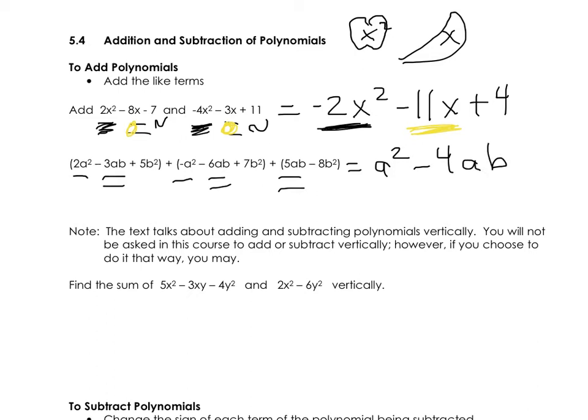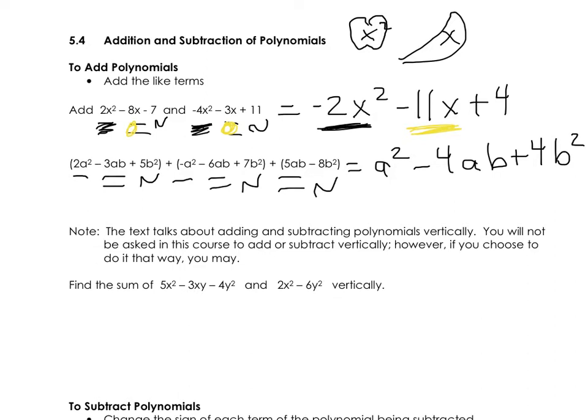What about the b squared? 5b squared, 7b squared minus 8b squared. 5 plus 7 is 12, minus 8 is 4, plus 4b squared. That's our answer. We combined all the like terms.